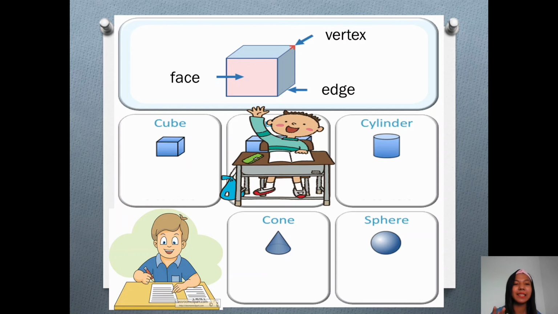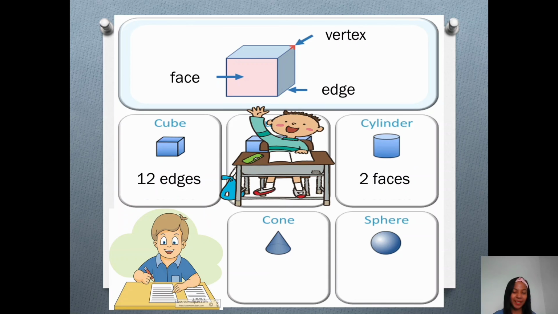Now you're going to answer me about the cube based on my questions. How many edges does the cube have? The cube has 12 edges. Next, how many faces does the cylinder have? Two faces.